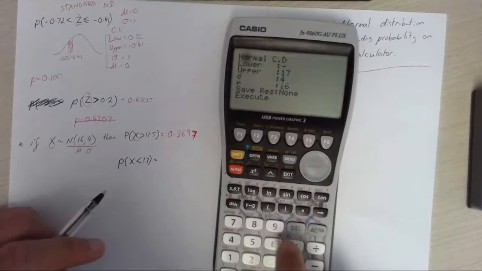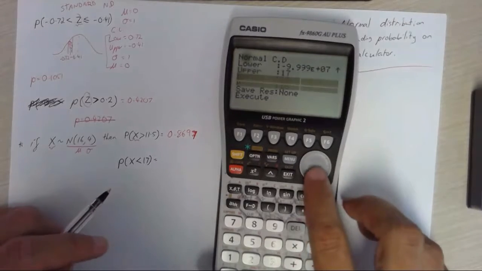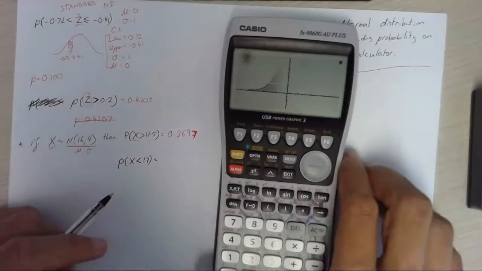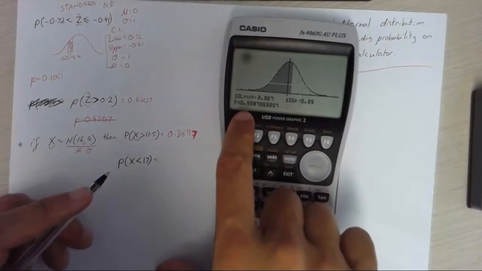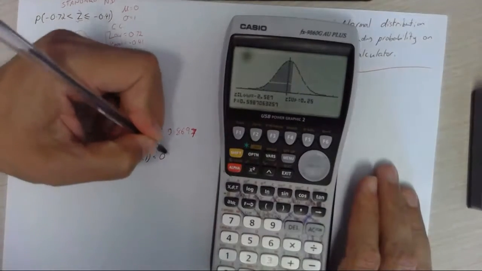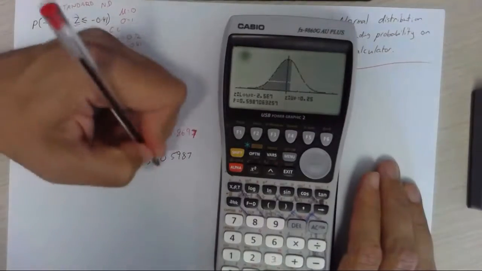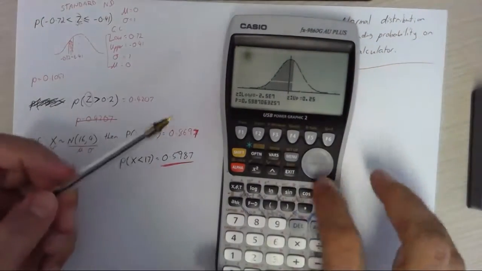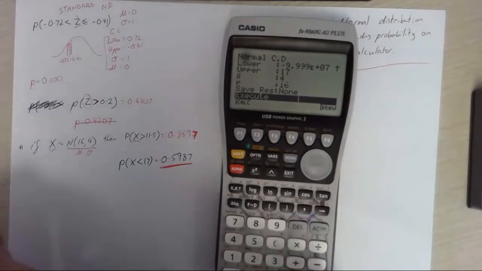So say negative 99999. And again, we'll just draw that. And we get the probability of 0.5987. And again, you'd have to show all of this stuff if you're doing that in an exam.